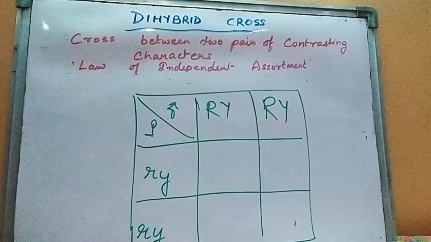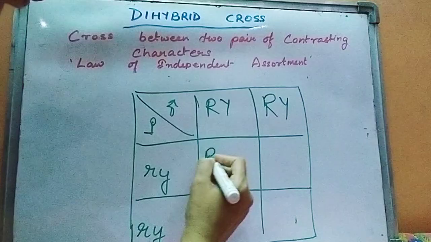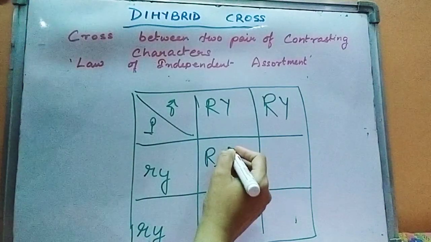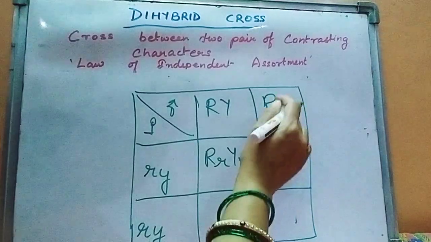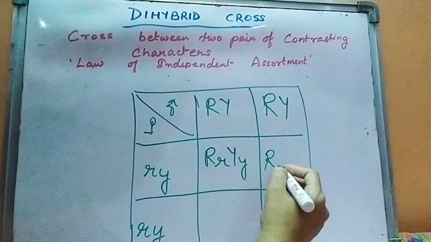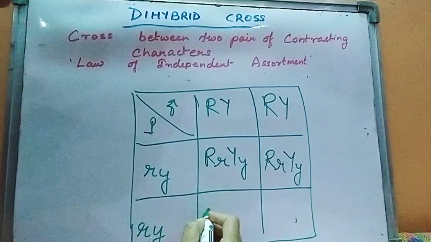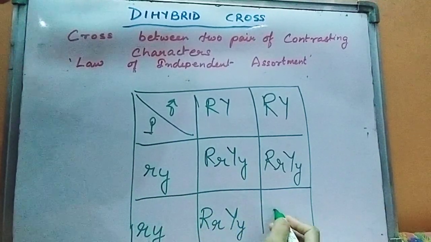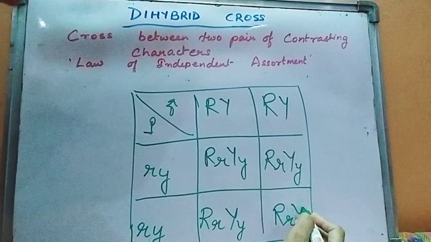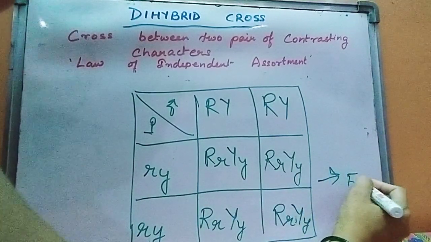So R, capital Y, small y. Here also the same, from this and this, capital R, capital Y, small y. This and this, capital R, capital Y, small y. This and this, and small y. So this was in F1.